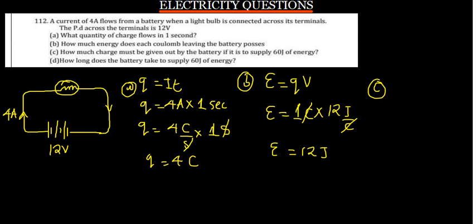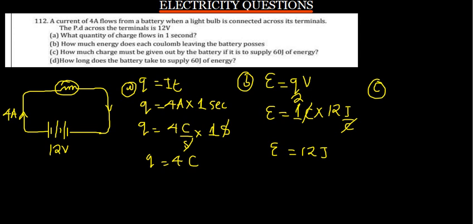If it is, let's say, 1 coulomb, then multiply by 1. If you are multiplying by 2, then it is 2 times 12, that will be 24. But because they said each coulomb, it means we're talking about 1 coulomb. If they didn't say each, they would have told you how many coulombs. So if they said 2 coulombs, how much energy do the 2 coulombs leaving the battery possess? Then you use 2.